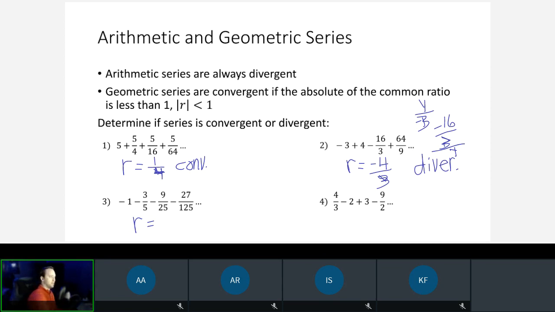Yeah, we multiply by 3/5 every single time. -1 times three-fifths is -3/5. -3/5 times three-fifths is -9/25, and so forth. So that works. Is the absolute value of three-fifths less than 1? It is. So a lot of you have already said in chat, it is convergent.